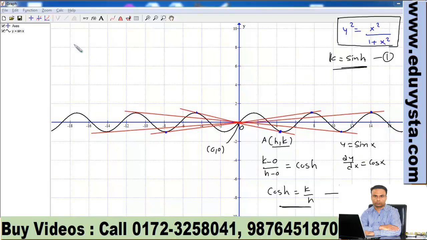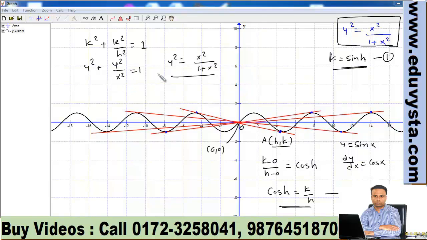So we have, after squaring and adding, k square plus k square divided by h square is equal to 1. By simplifying, we have y square plus y square by x square is equal to 1. So we have y square is equal to x square upon 1 plus x square. Here we have replaced k with y and h with x.